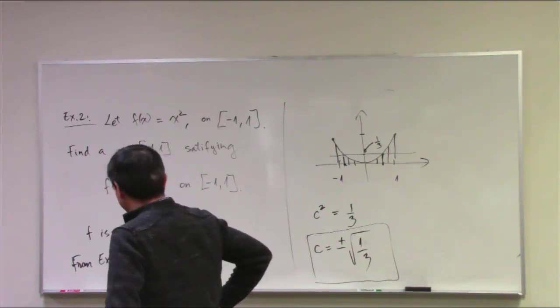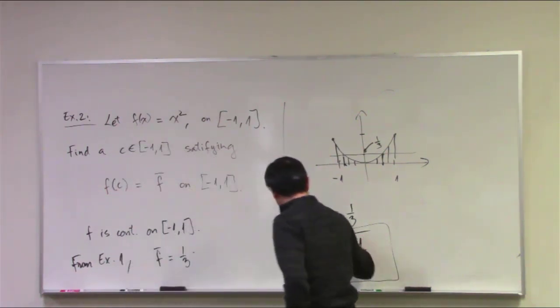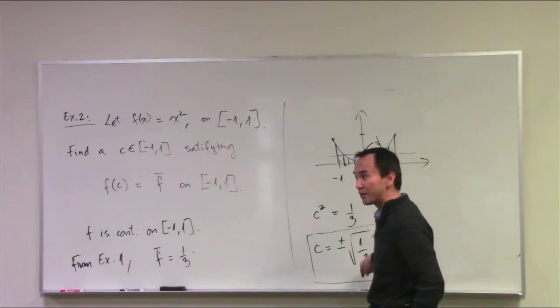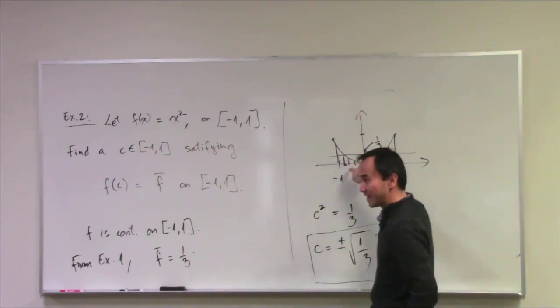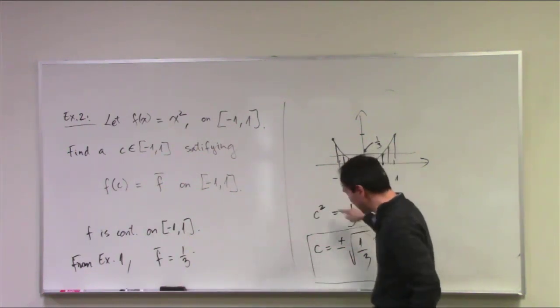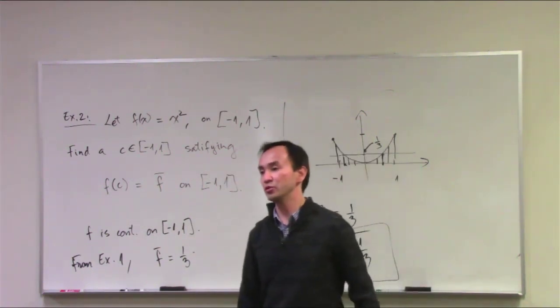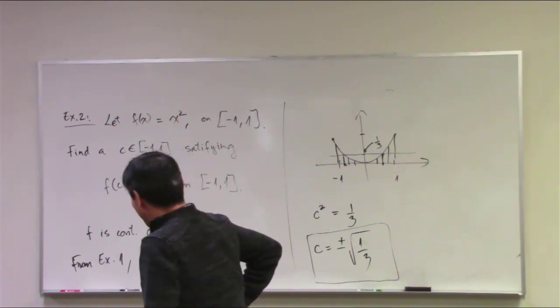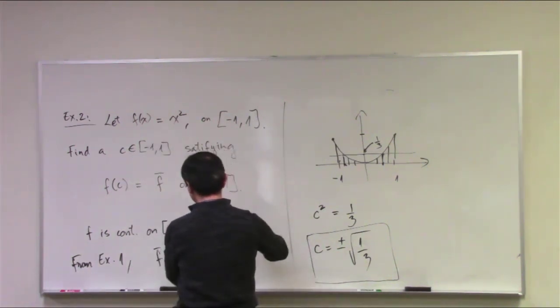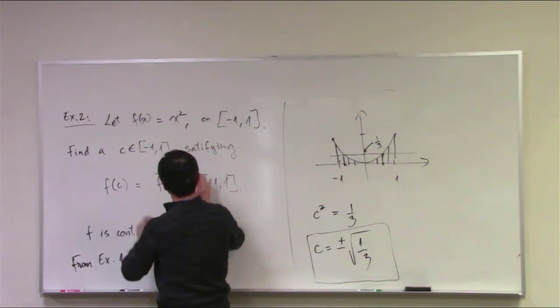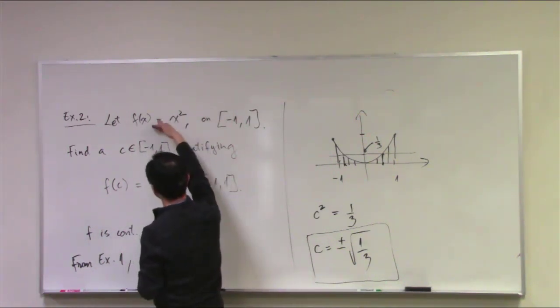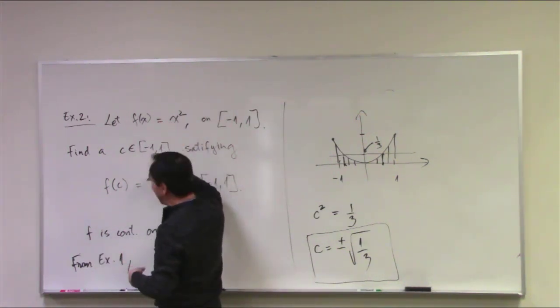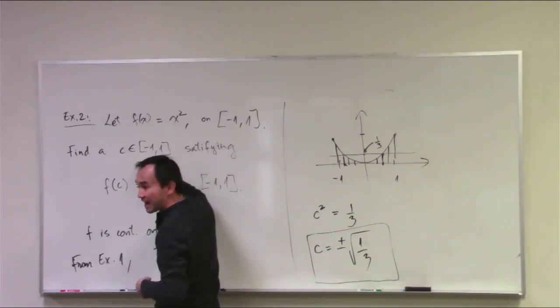So again, the mean value theorem did not point out these values. It just guaranteed that those values should be able to be found inside of that interval. And then we go ahead and use our usual algebra to find them. But of course, think about if you have a problem like this without the average value previously found, then you have to start from scratch and calculate the average value first.